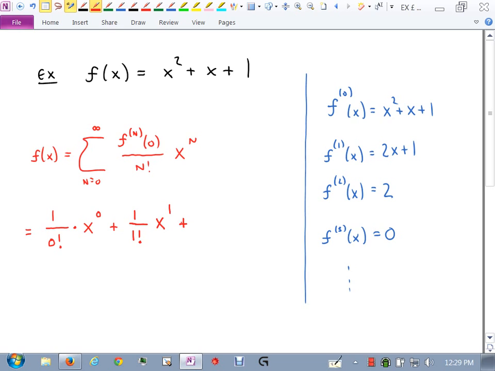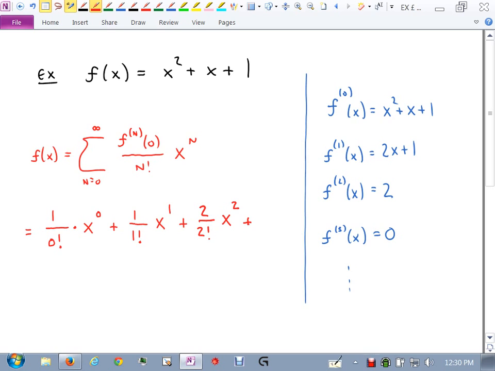Plus, now plug in n is 2. What is the second derivative evaluated at 0? Well, the second derivative at 0 doesn't matter because it's always 2. So this is 2 over what? 2 factorial, x to the second power.